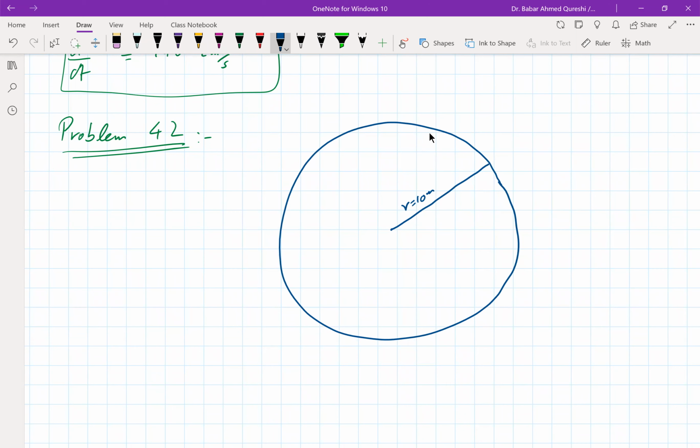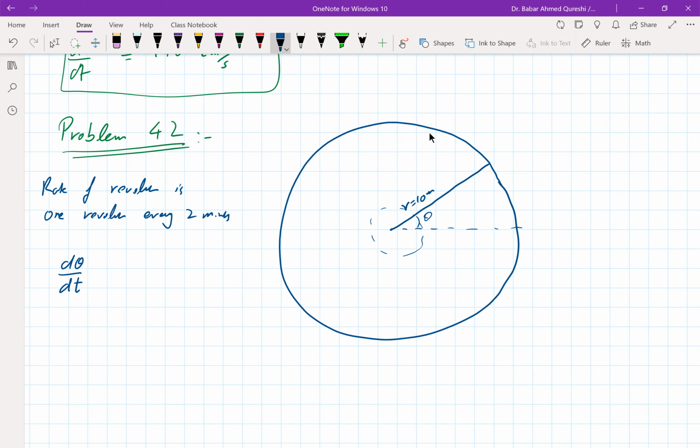So rate of revolution is 1 revolution every 2 minutes. That means if I count the angle theta, this theta is changing. So there is some d theta by dt.